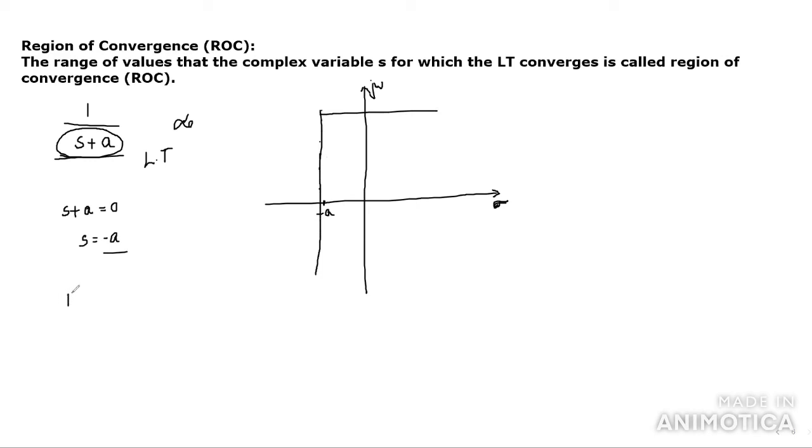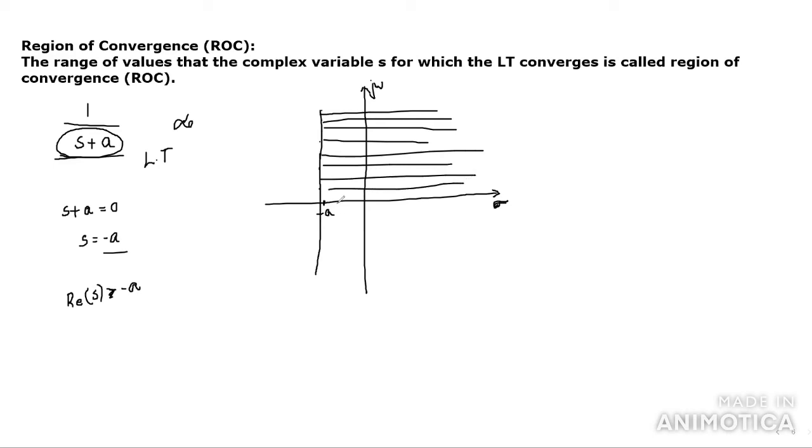So we are going to call this the region of s greater than minus a. Beyond this, this entire area we are going to call the ROC for this particular signal.